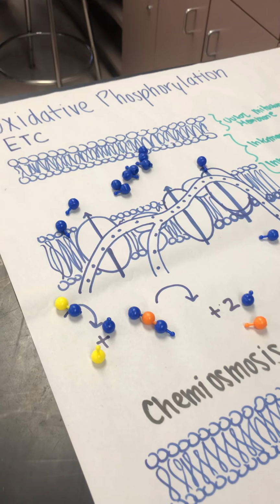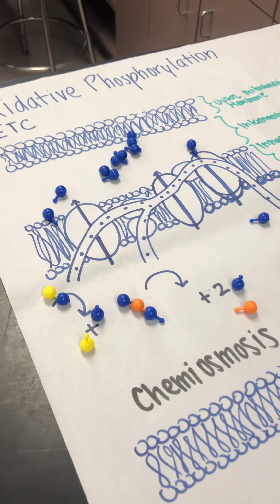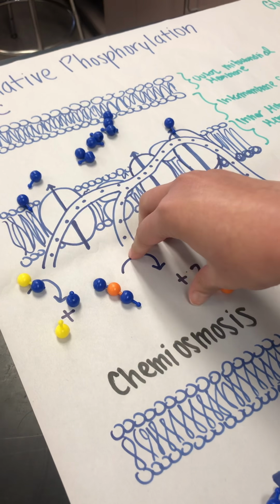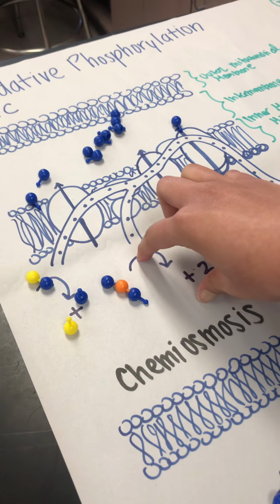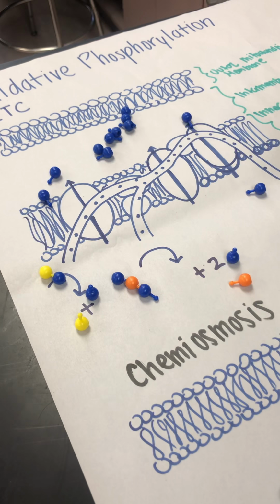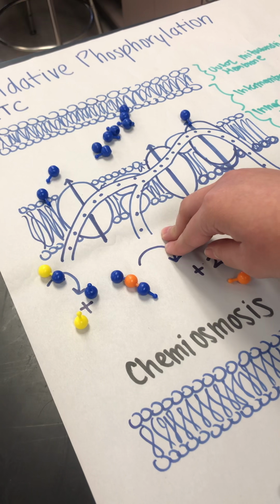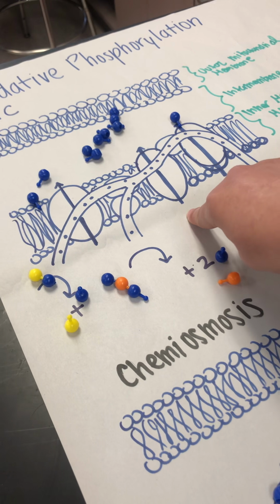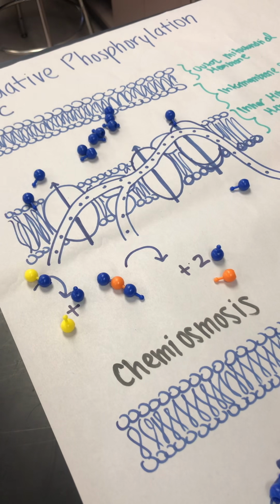FADH2 and NADH are electron carriers, which help the oxidation and reduction reactions power the movement of hydrogen ions across the ETC. Hydrogen ions are pumped from the mitochondrial matrix into the intermembrane space.